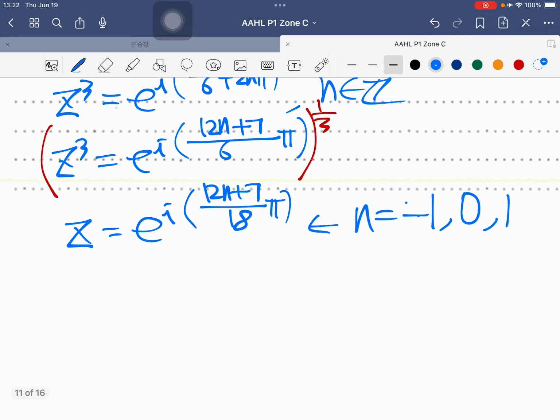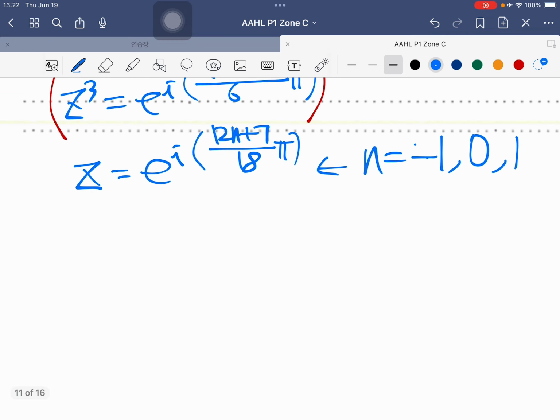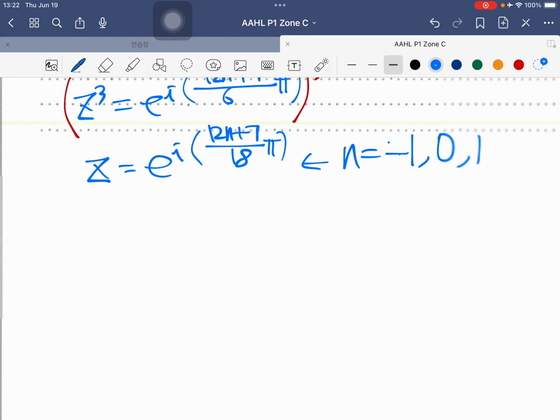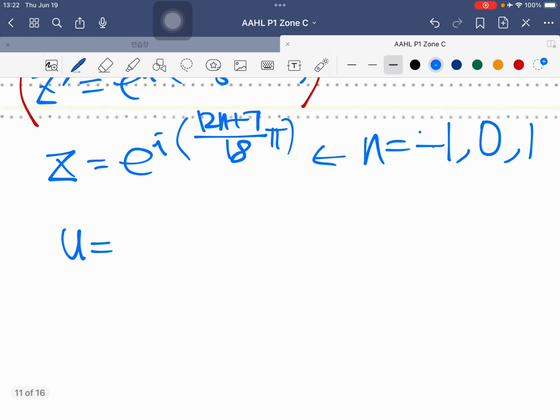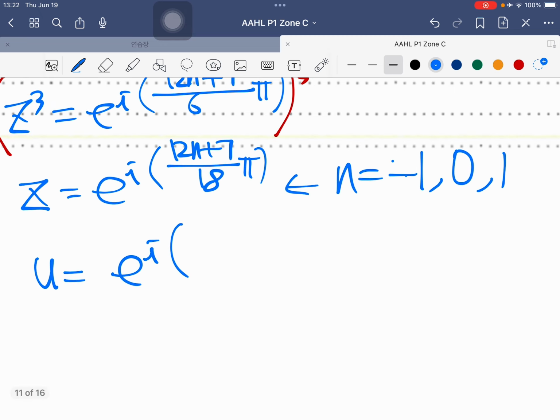So the answer is u, v, w. Let's say u, putting minus 1 there, is e to the i of minus 12 plus 7, so minus 5 pi over 18.